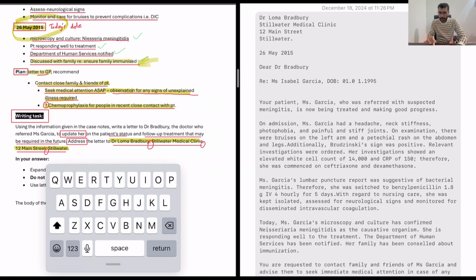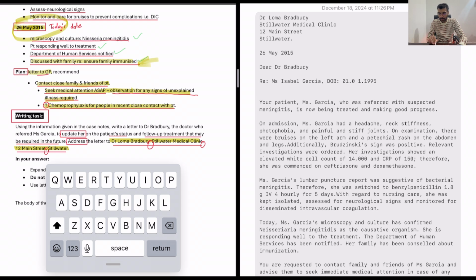Dr. Luma Broadberry, Stillwater Medical Clinic, 12 Main Street, Stillwater, 26 May 2015. Dear Dr. Bradbury, regarding Miss Isabel Garcia, date of birth 01 01 1995. Your patient, Miss Garcia, who was referred with suspected meningitis, is now being treated and making good progress. On admission, Miss Garcia had a headache, neck stiffness, photophobia, and painful and stiff joints.